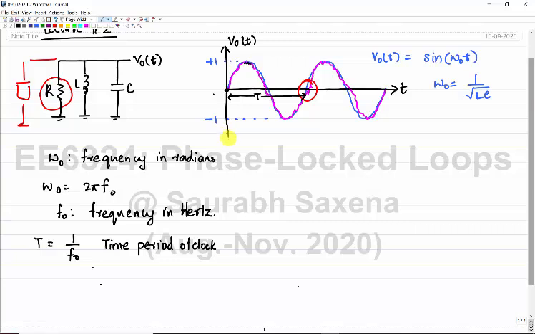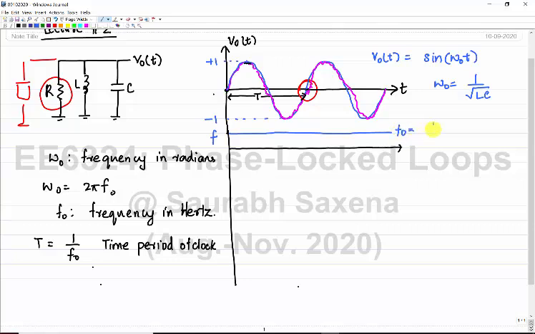Okay, so this is characterized by looking at either the phase or frequency of the signal. So let me plot the phase and frequency of the signal. For the first case, the blue curve, which is an ideal sine wave, has a fixed frequency, and it remains the same all throughout. This is an ideal case. So if I plot f, the frequency value remains f naught, which is 1 by 2 pi root LC.